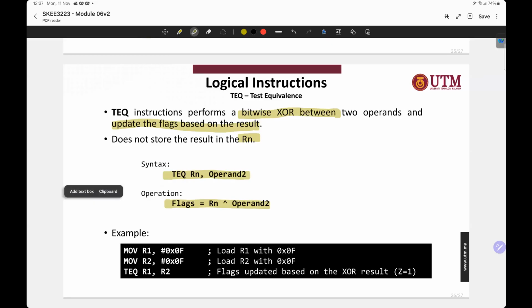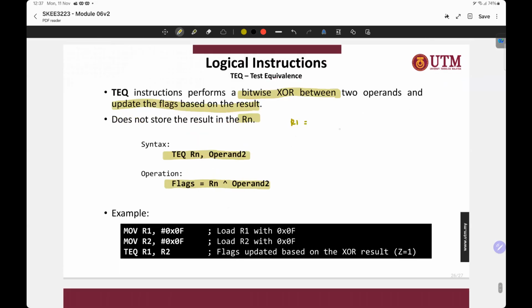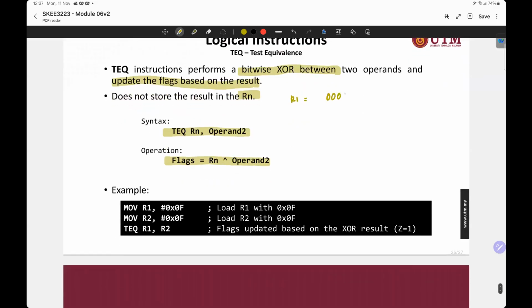Let's look at this example here. We have an example where R1 is 0000 1111, and R2 is also 0000 1111. Then you use the TEQ instruction, TEQ R1, R2.